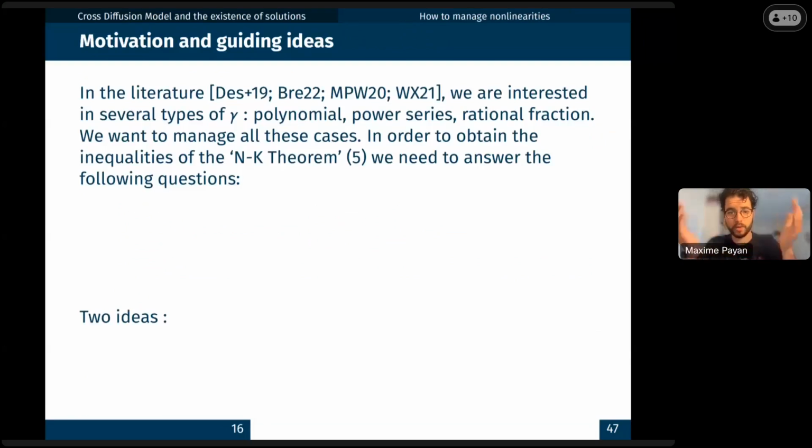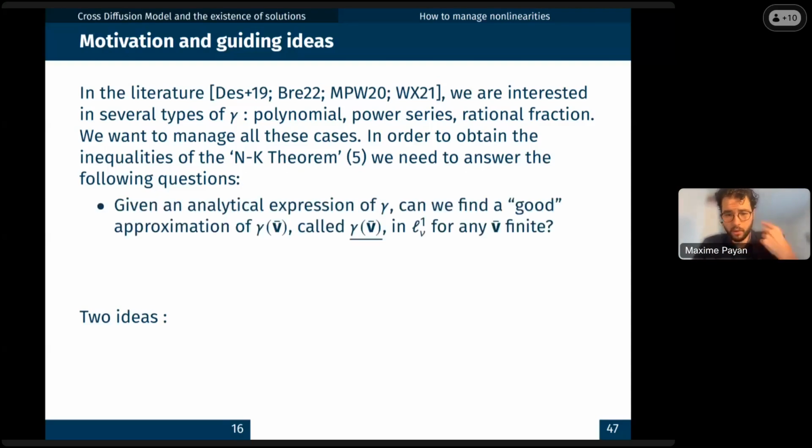So we need to understand how to pass through gamma with Fourier sequences, because we do not have a full expression of gamma in Fourier sequences. We do not know anything on it. And in the literature, there are many types of gamma: polynomial, power series, rational fractions, and we want to manage all these cases, of course.